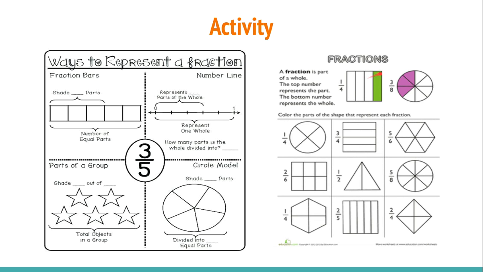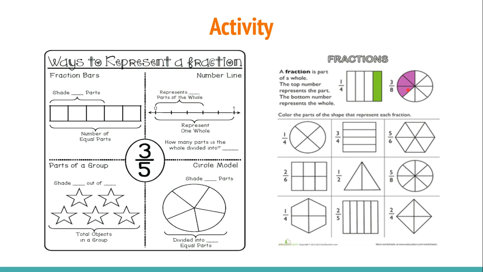The example right here is 1/4. The whole square is the whole, and it's cut into 4 sections. So you have 1 section, 2 sections, 3 sections, and 4 sections. They want 1/4, so it shows where the green is colored in, and that equals 1/4.